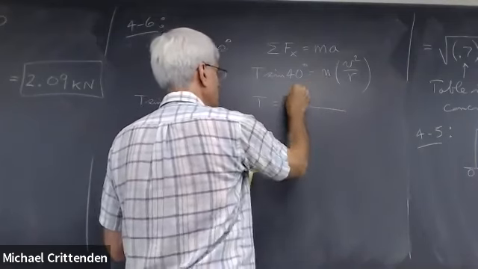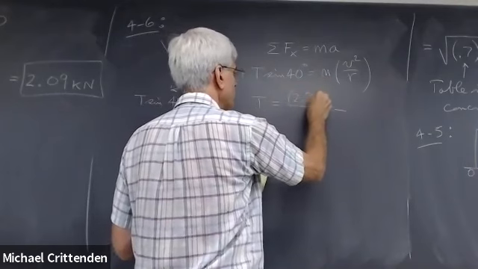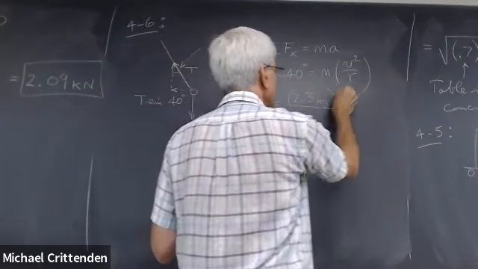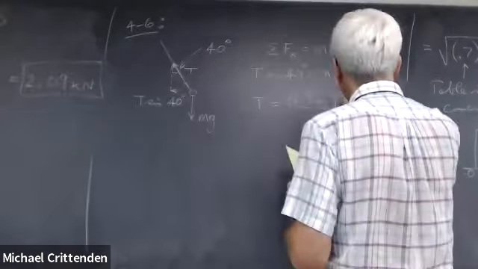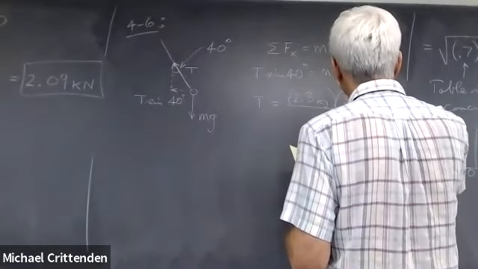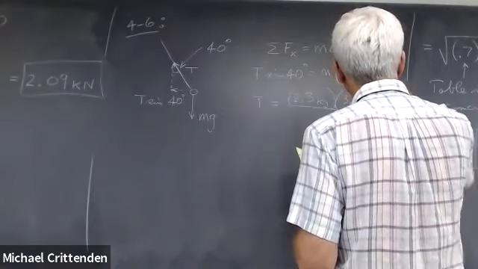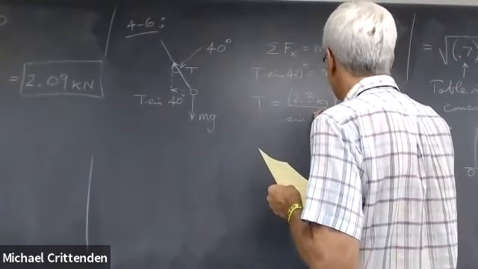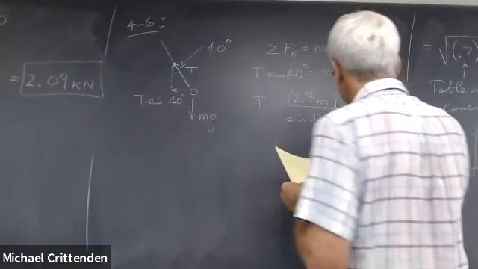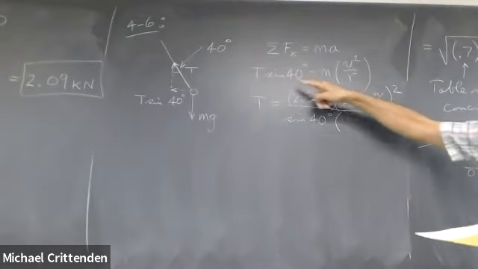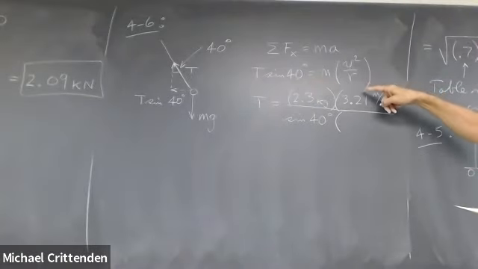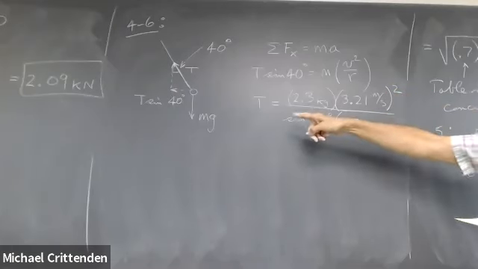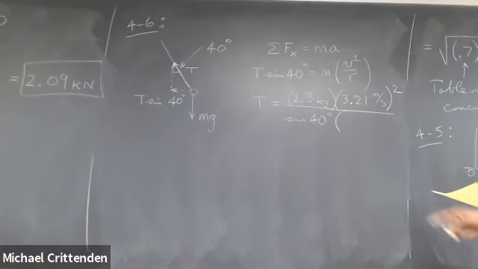Mass is 2.3 kilograms. We've got 3.21 meters per second, and you square that. So I divided both sides by the sine of 40 to solve it for T, and also filled in all the numbers.